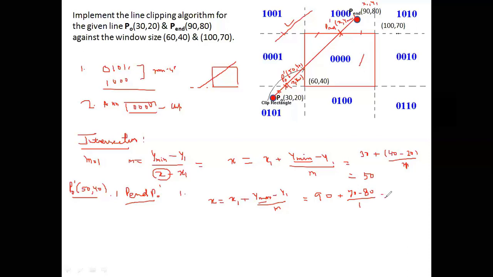That will lead to 80. Okay, that will lead to 80. So the point P n dash will be your 80, 70. Okay, so this point will be 80, 70.